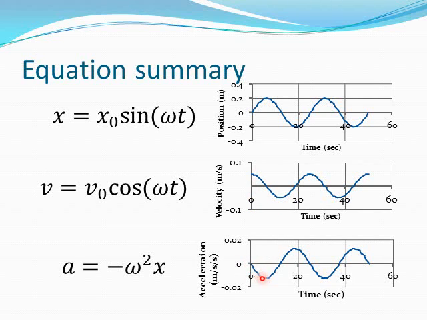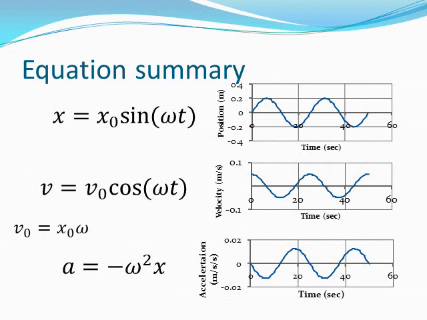So this acceleration graph is a negative sine function. And these are the corresponding equations that go along with it, where if I took this and substituted it in for x, it would be a negative sine function. So these are the equations that we know, and we need to just simply remember that when we're calculating, max velocity is equal to max displacement times omega. This is all useful, and we're going to use this many times.